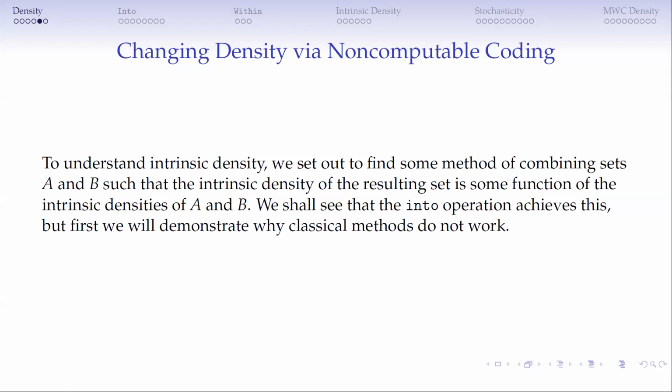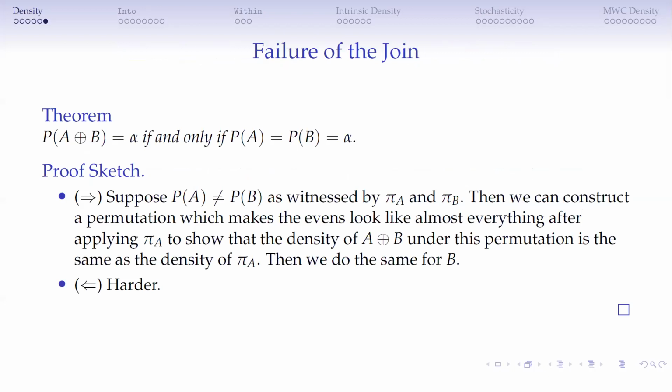But before we get into that, let's see why a more obvious choice of function doesn't work for our purposes. If we're computability theorists, the first thing we think about when we think about combining two sets in computability theory is the join. And the theorem, which I mentioned a little earlier, is that the join of two sets has intrinsic density alpha if and only if both of those sets have intrinsic density alpha. One direction is not too hard to prove.